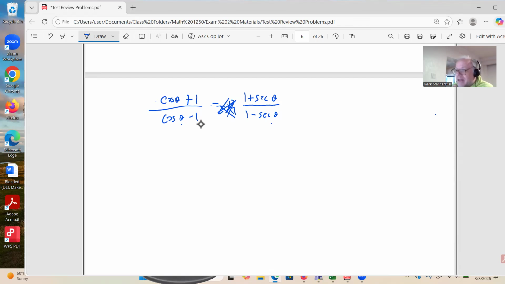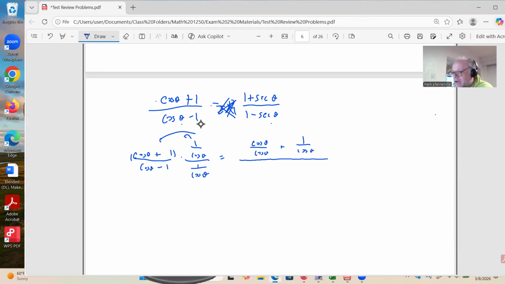So I'm going to pick cosine theta plus 1 divided by cosine theta minus 1. And what I'm going to do is multiply by 1, specifically 1 over cosine divided by 1 over cosine. That gives me cosine over cosine plus 1 over cosine, since I'm just distributing the 1 over cosine to both terms.